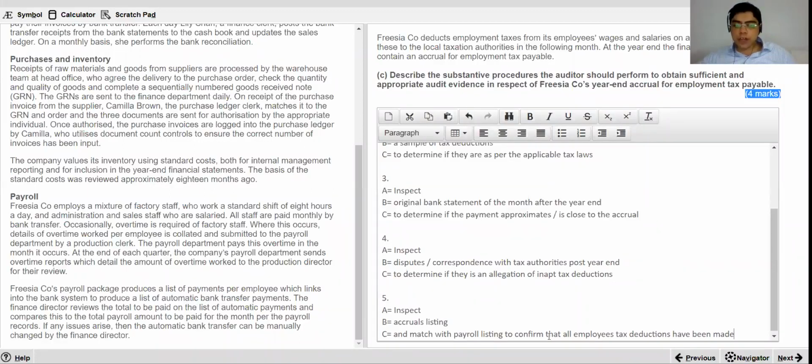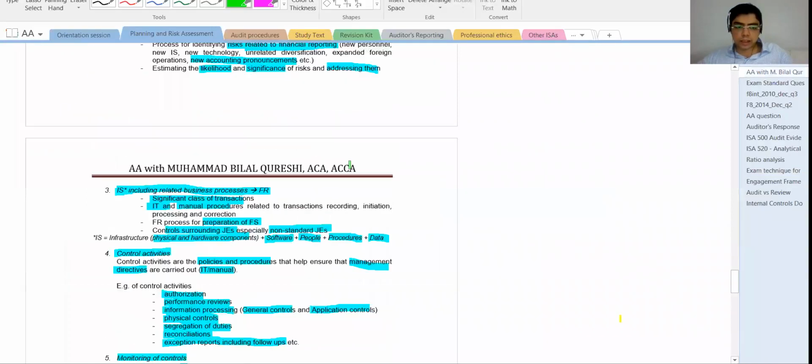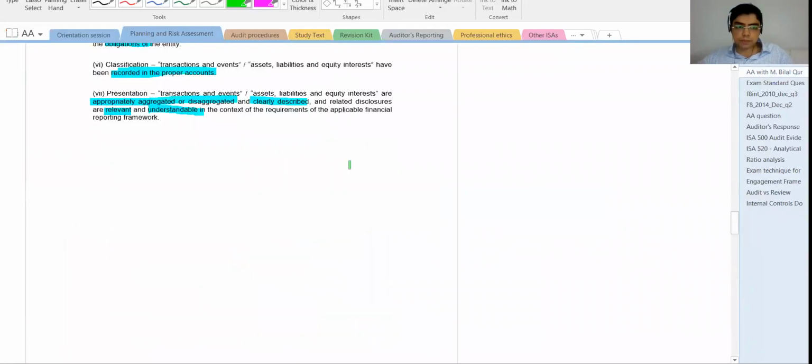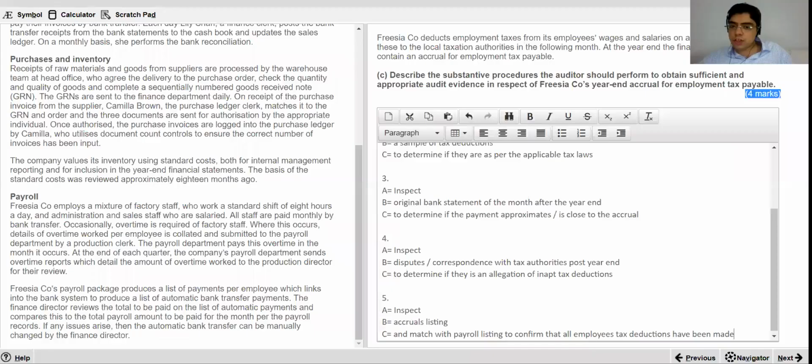So when you are generating your substantive procedures, you need to think in terms of assertions first. What are the assertions? Let me quickly take you through them. Occurrence, completeness, accuracy, cutoff, classification, presentation, existence, completeness, accuracy, rights and obligations, classification, presentation. Another idea. Now, these assertions give you ideas actually. So you could get another idea. Okay, classification, or presentation. So I could generate another procedure that way.